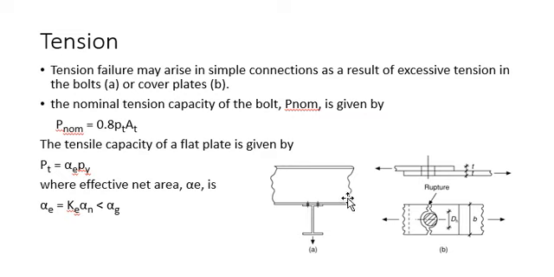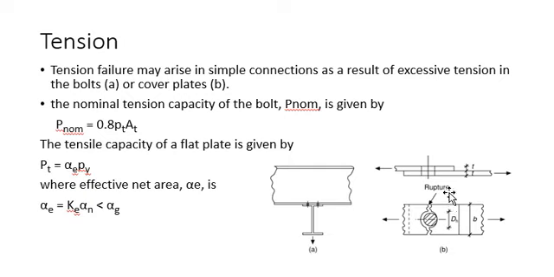Again, that's with respect to the bolts. Now if you look at two plates being connected, this is a single shear surface. You have one being pulled to the right, one to the left. So what it means is that plate 2 will be in tension.